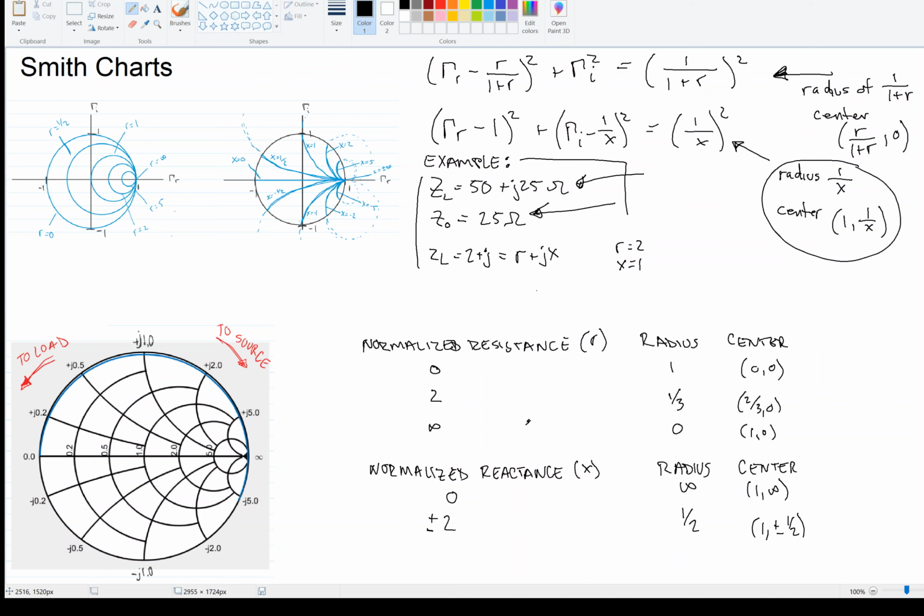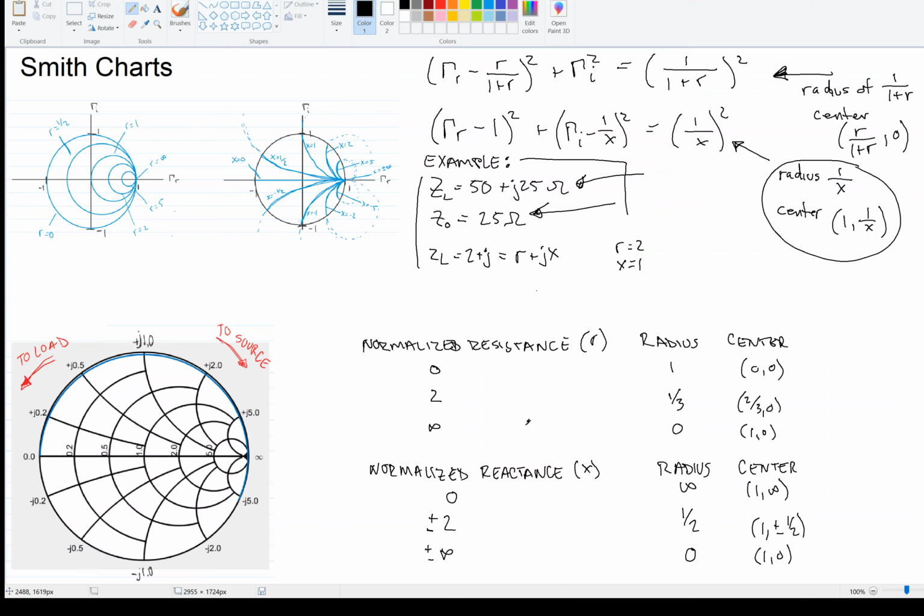Okay, the radius we're just saying is always going to be positive. And also, let's look at plus or minus infinity. In that case, the radius would be 0, and the center is at 1, comma 0. Okay, so that's also an interesting case to us.